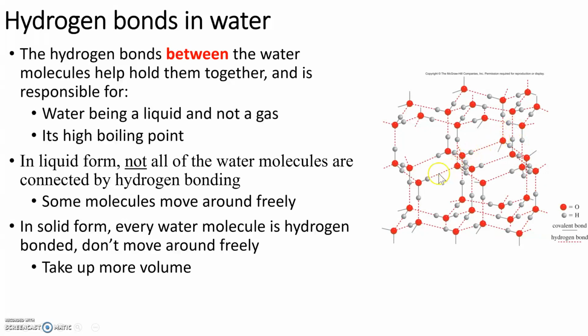In the liquid form, some of these hydrogen bonds are broken. We have more energy, more heat in the liquid form, and as a result, some of these molecules can move into these voided spaces, resulting in the molecules being more tightly packed. And this is why water in the liquid form takes up less volume compared to the solid state.